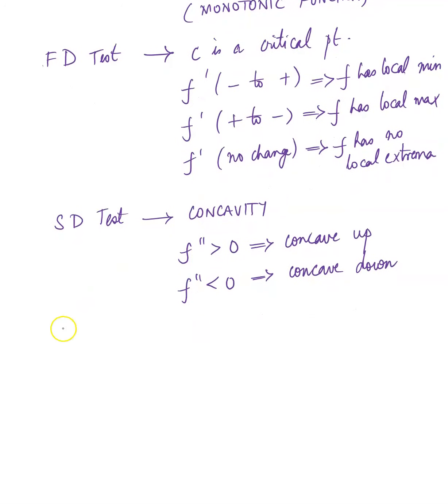Then we'll also quickly define critical point. I should have defined it way back, but that's okay. A critical point is where f prime of c is 0 or f prime of c is undefined.